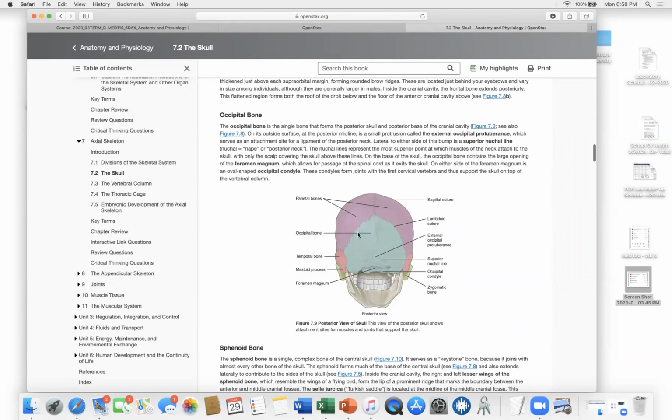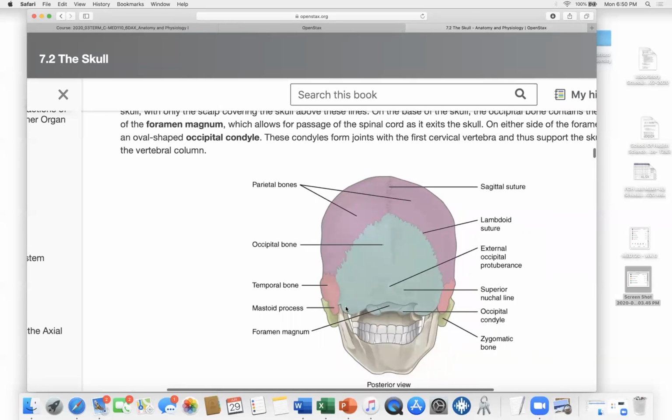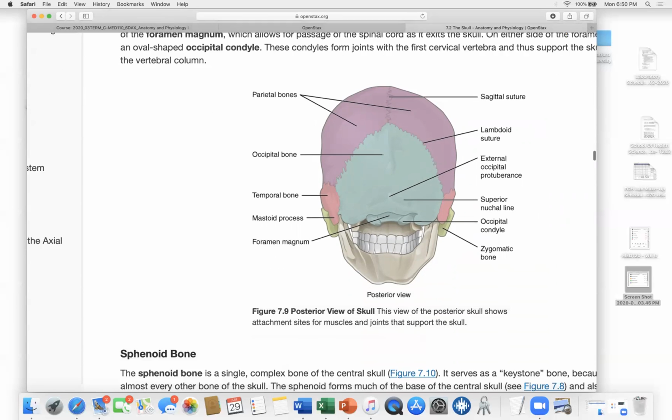That's that lambdoid suture because it kind of looks like a triangle, and this is looking at the back part or the posterior view of the skull, right? So this is like inside of the teeth. Okay, nuchal line or nuchal rigidity. That grows exponentially if you're on steroids.